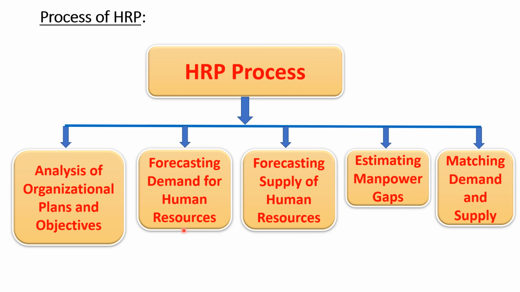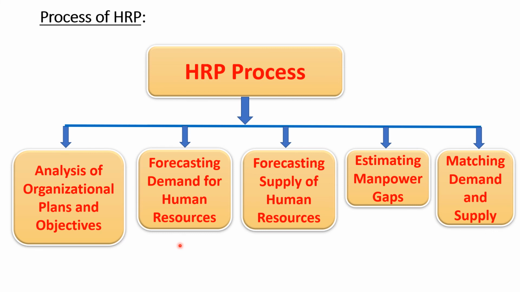So, demand analysis identifies the future human resource requirements. This demand forecasting can involve many techniques like managerial judgment, ratio trend analysis, workload analysis, econometric models or the Delphi technique. So this demand forecasting involves many techniques to forecast what type of people we want for a job.